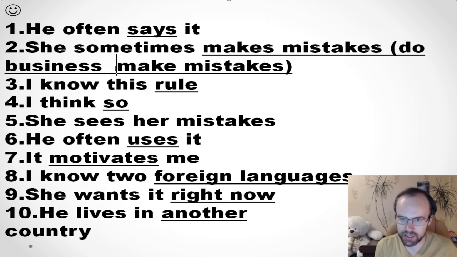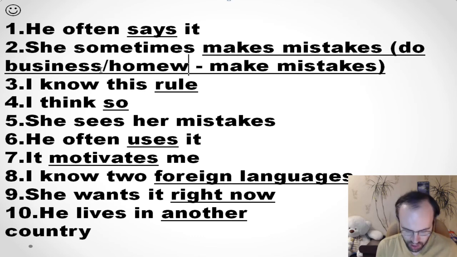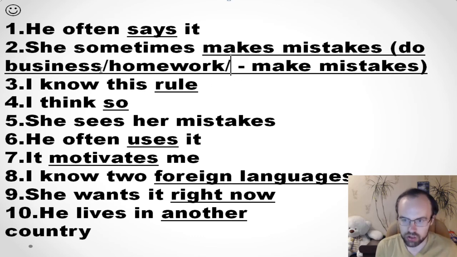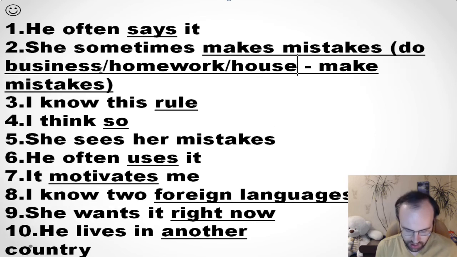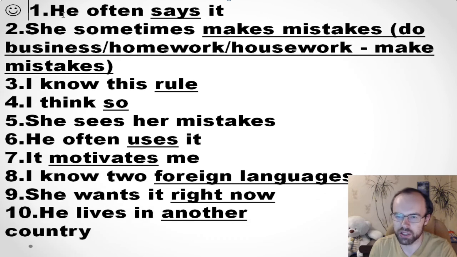Okay, what are the phrases with make and do, can you remember? So do you remember it? So we say, for example, homework. How will you say, do homework or make homework? So we say do homework, do housework. So what about money?